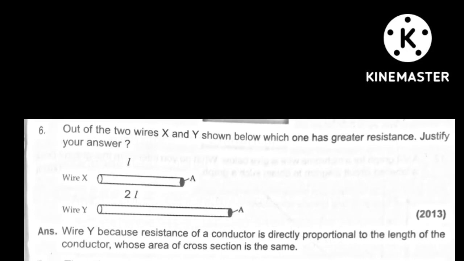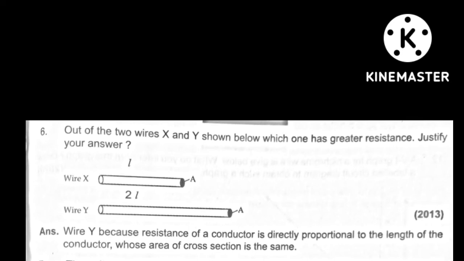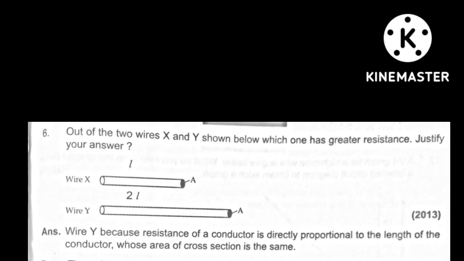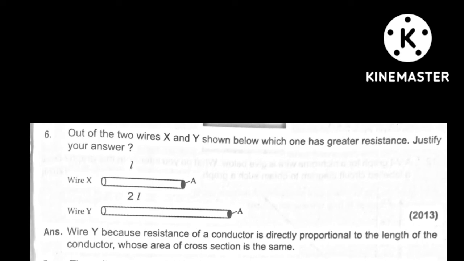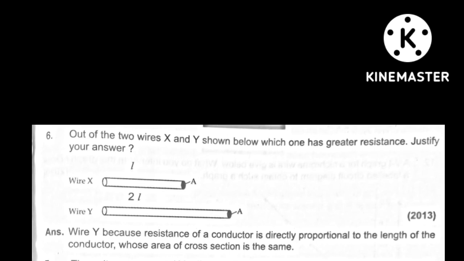Here two wires are given, and wire X and Y both are having area of cross section A, and X has a length of L and Y has length 2L, and we have to find which one is having greater resistance and justify your answer. Here Y is having greater resistance because the resistance of a conductor is directly proportional to the length of the conductor, and here the area of cross section is the same.